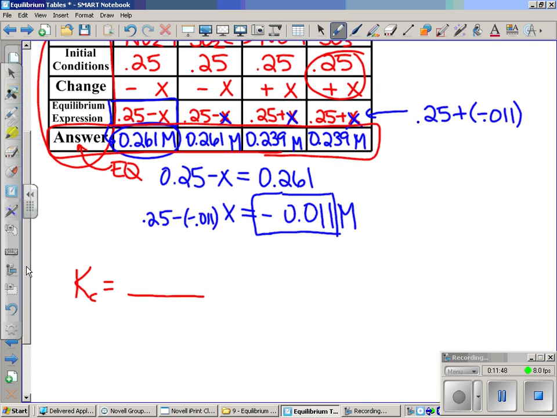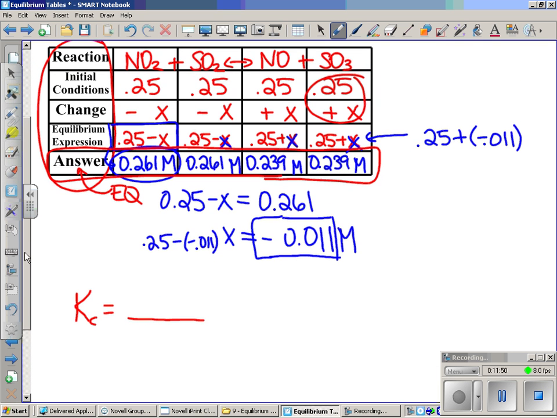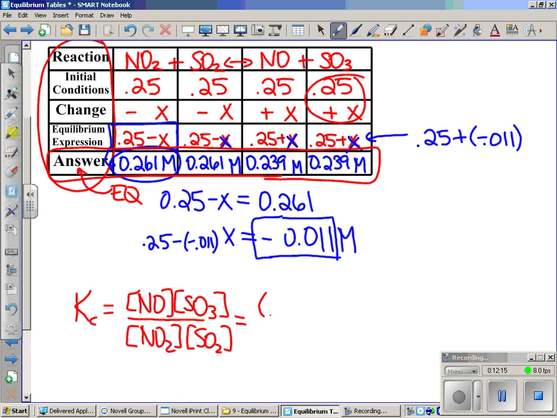We're going to be putting our products over our reactants and using their coefficients as exponents. So product is NO, exponent is 1. Another product, SO3, exponent is 1. These are all gases, so we can use all of them. Okay. Remember, gas is in aqueous only. Bottom is NO2, coefficient is a 1, and SO2, coefficient is a 1.